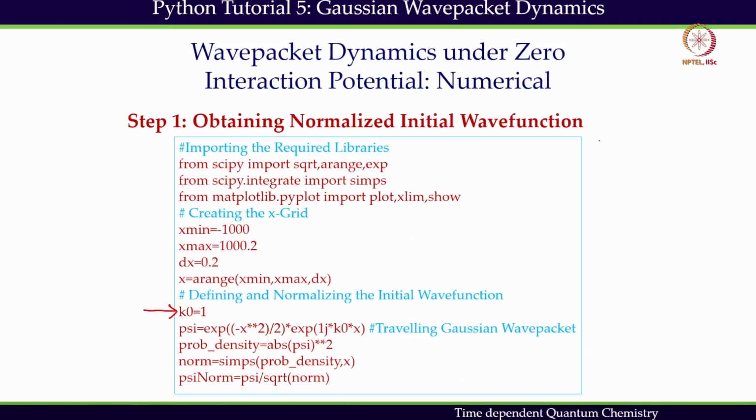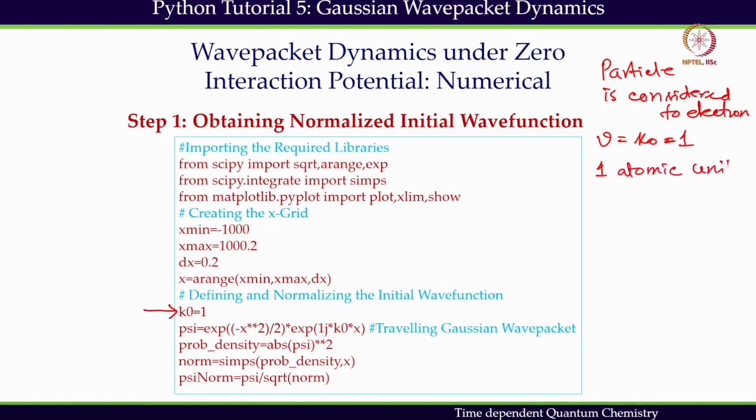It means that the particle is considered to be an electron, and velocity equals k naught equals 1 in atomic unit, which is 1 atomic unit of velocity. So what is the velocity with which the particle electron is traveling in my problem?